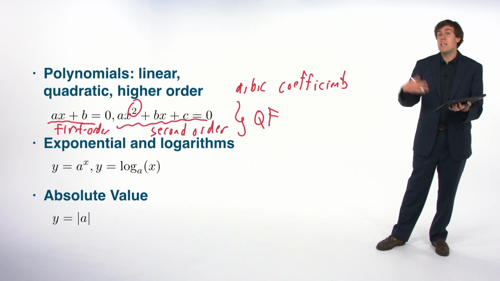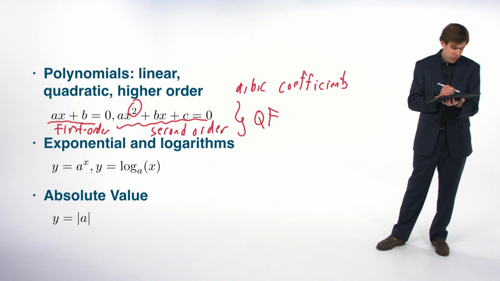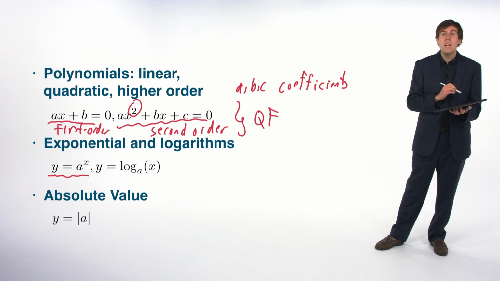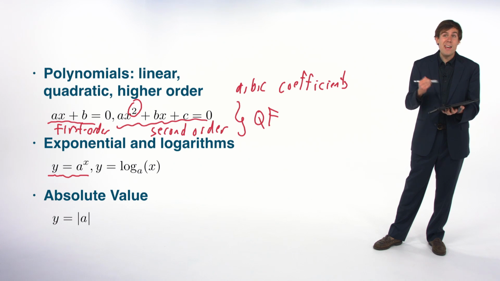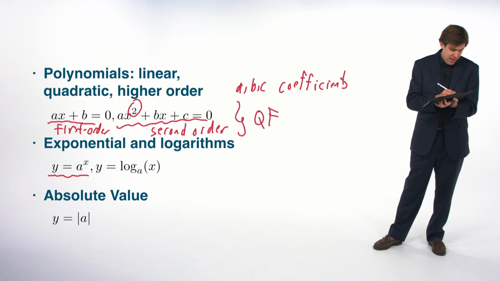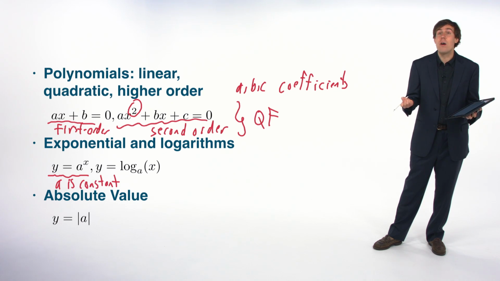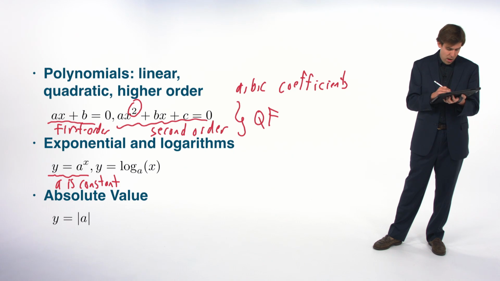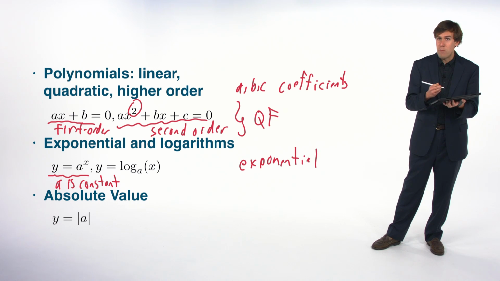Once we've finished with quadratics, we'll look at another class of functions and the equations corresponding to them. And this is the exponential and logarithmic functions. Okay, so exponential functions look like y equals a to the x, where a is a fixed base. So you can think of a as constant here, and x is the variable. So exponential functions on the face of it look a little bit like polynomials, but they are actually quite different.